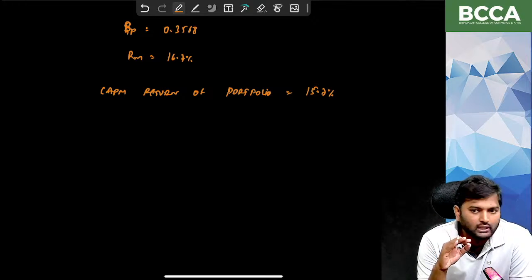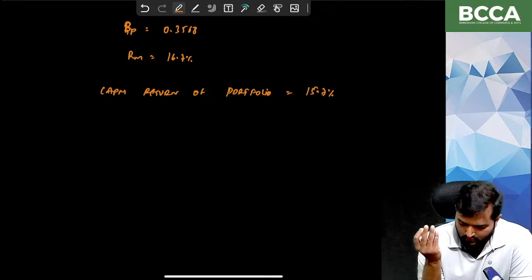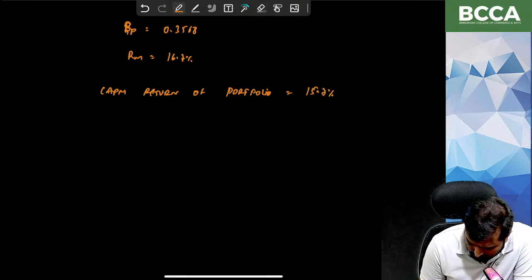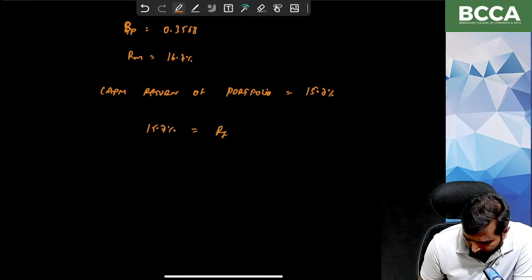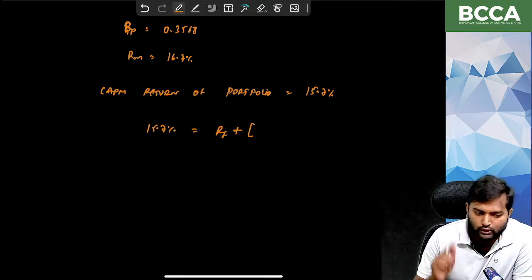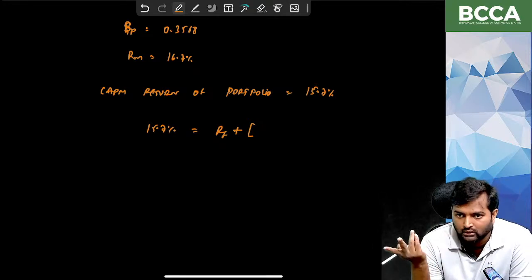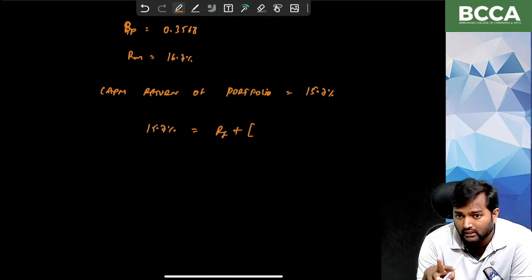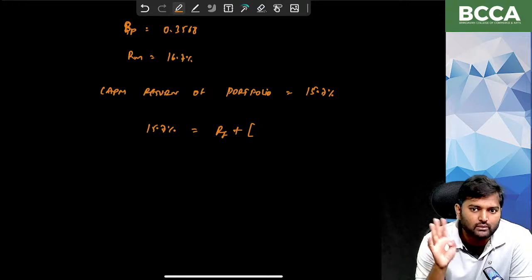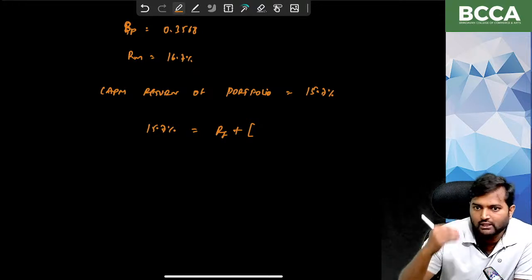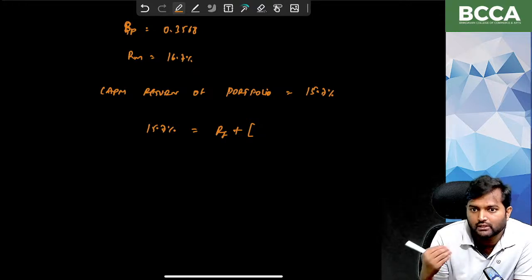But we are assuming it as a market return because, using one equation, for example, 15.7% is equal to RF plus (RM minus RF) into beta, using one equation I cannot find out two variables. So that's why I'm assuming the actual return of a portfolio as a market return. This is a special one. You have to refer to this question. Calculation is simple, but you have to assume.